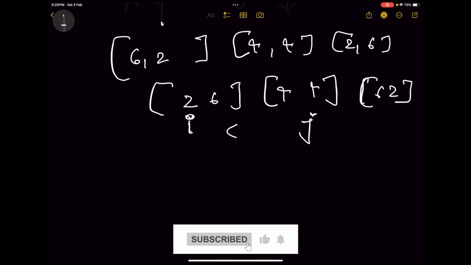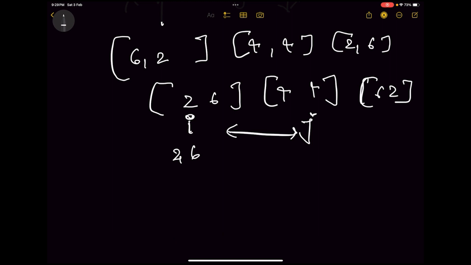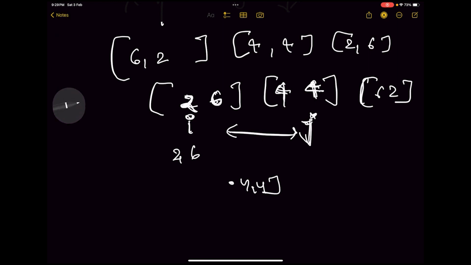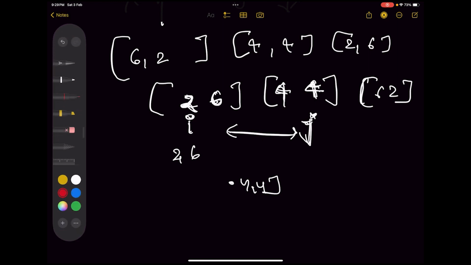Now, will this be a valid fence? Let's say (2,6) and (4,4). I know that x for j will definitely be greater than x for i. Now I have to check whether the y for j is lesser than the y for i, because I'm assuming that the i index is Sisaster and the j index is Takina.